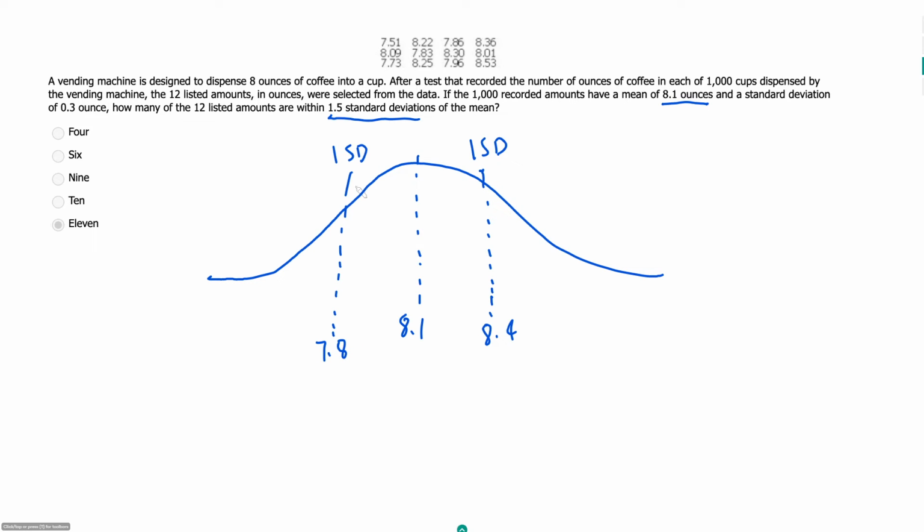And so two standard deviations to the right should be 8.7, and then two standard deviations to the left should be 7.5.